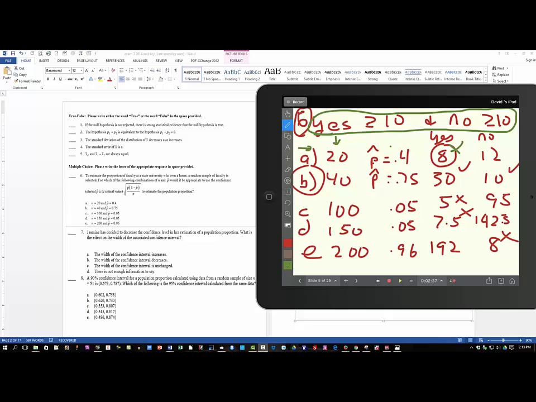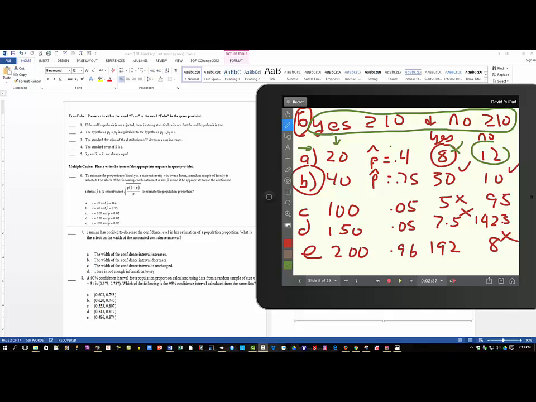That could be the end of the computation on that one, but if you took 60%, 40% yes, 60% said no, 60% of the 20 would give you 12, or you could just take 20 minus 8 to get 12, because the number of yeses and nos have to add to n.